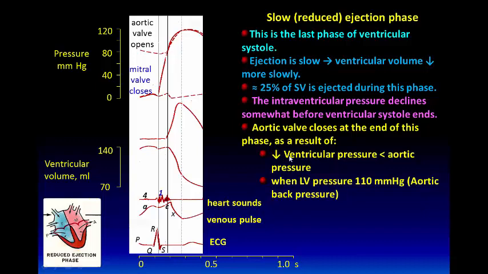Now the ventricular pressure is lower than the aortic pressure, or the aortic pressure is slightly higher than the left ventricular pressure. So when the left ventricular pressure is about 110 millimeters of mercury, we have aortic back pressure, which closes the aortic valve. The atria are still in diastole and receiving blood.